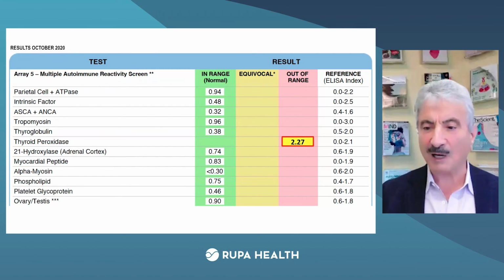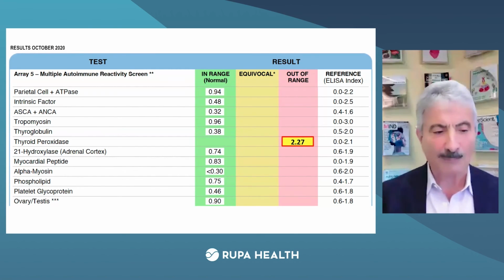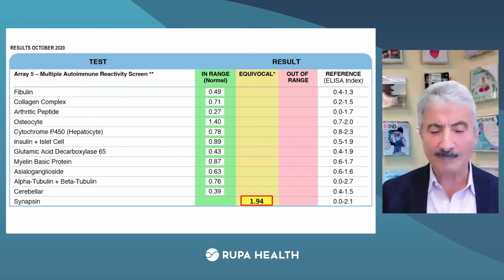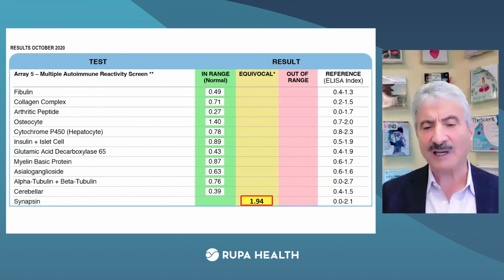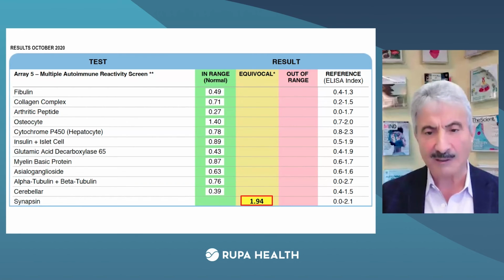We are not surprised because the patient was suffering from thyroid autoimmunity. The doctor knew that. But also we found that the patient had antibody against synapsin, which could be associated with neuroautoimmunity, brain fog, and other symptoms that the patient was suffering.